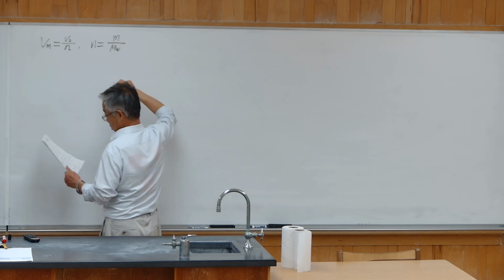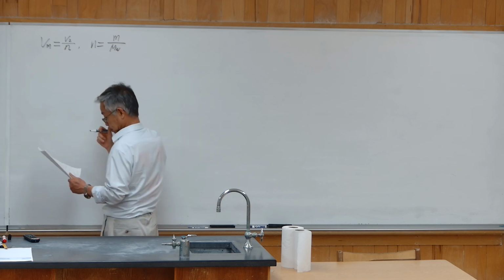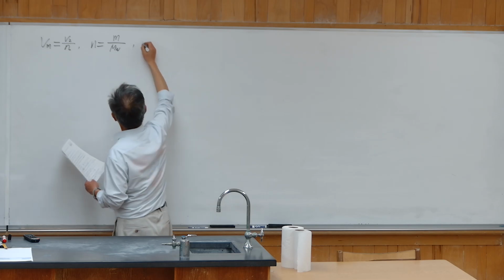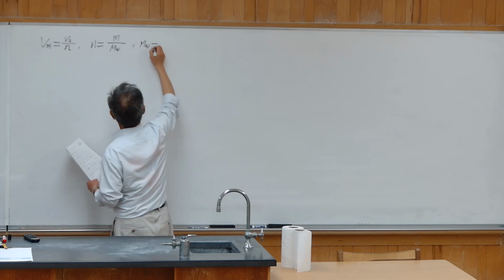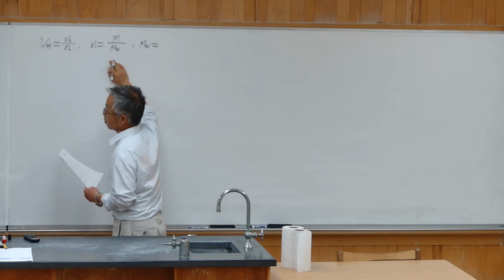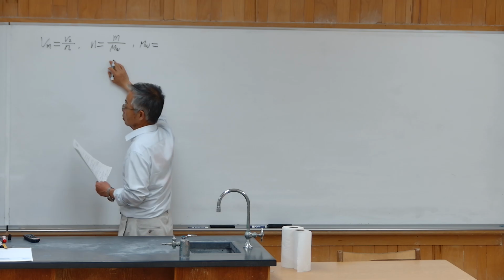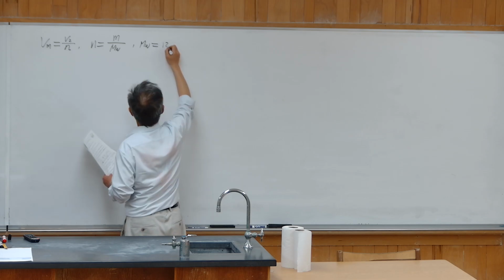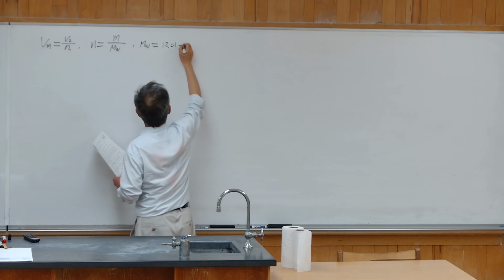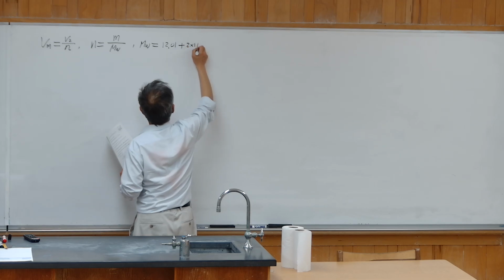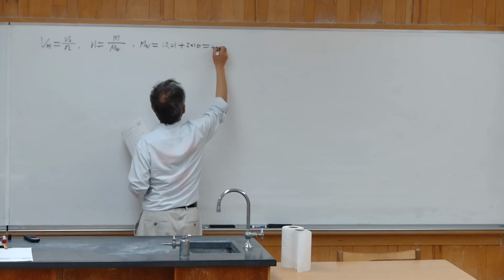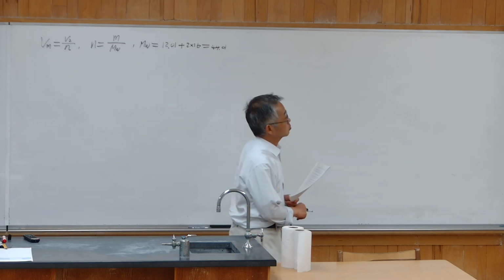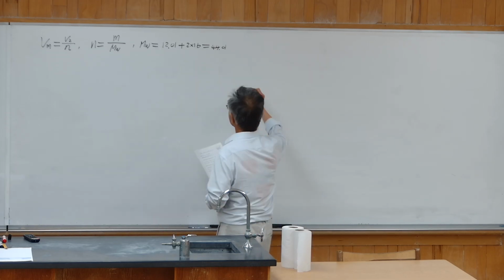Okay. And molar mass for carbon dioxide, we can calculate from the formula, right? Carbon dioxide, 1 carbon, carbon is 12. 2 oxygen, each oxygen 16. Then 44.01 per mole, right?